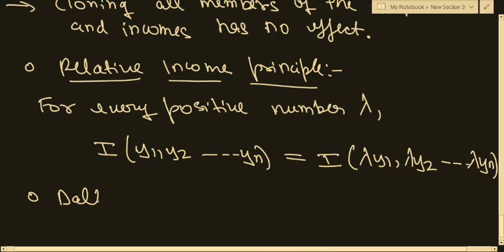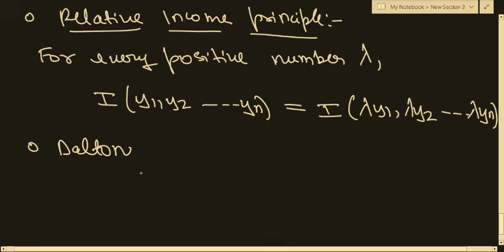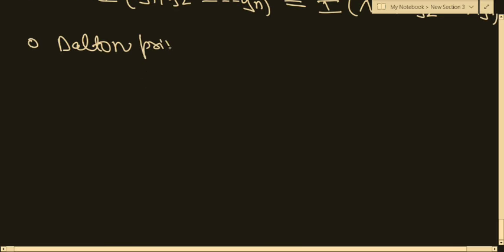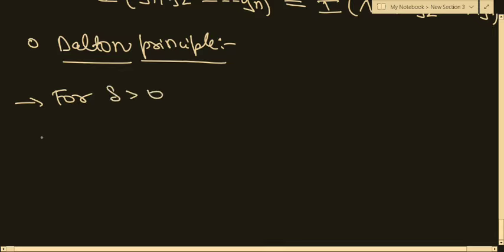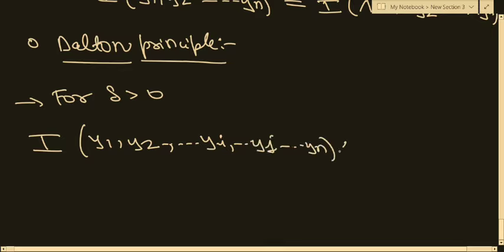Now for the Dalton principle, we are taking a parameter delta greater than 0. The inequality index of y1, y2, yi, yj until yn is less than or equal to I of y1, y2 from yi.